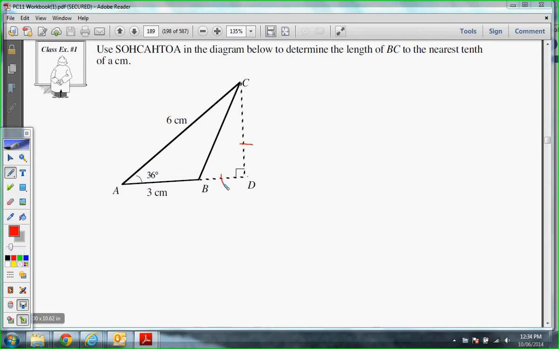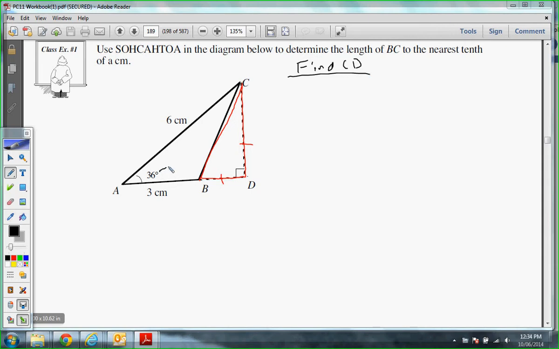If I get these two sides, do you see this right here? This is a right triangle. I can now do what? Pythagorean. I get the missing side. So we're going to find CD first. To find CD, I can use regular trig ratios because I've created a right triangle.